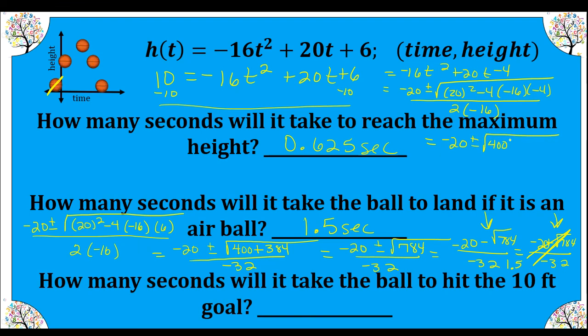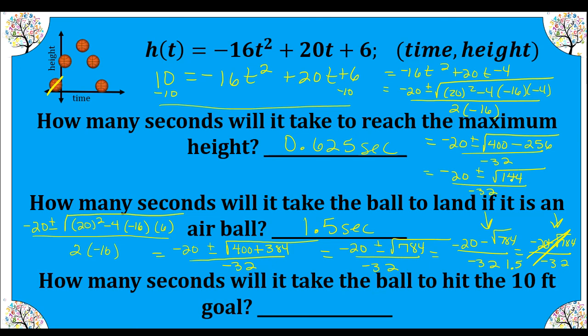400. And then let's establish we have a negative times a negative times a negative. That's going to be a negative. So I know 4 times 4 is 16, and 16 times 16 is 256. And when we subtract, we get 144.